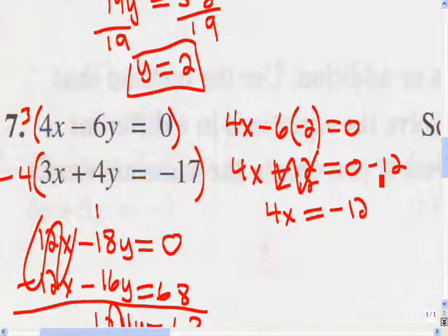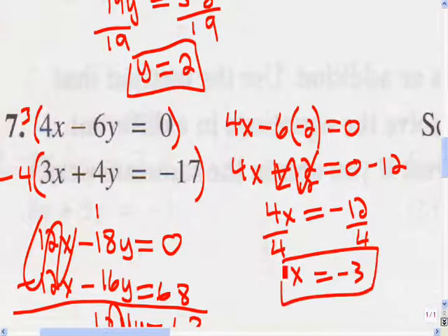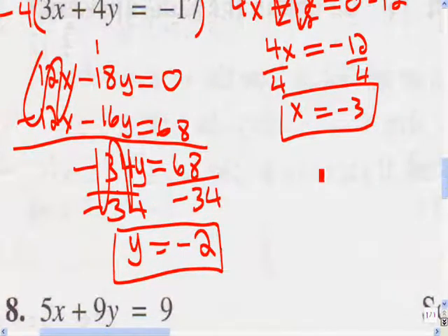Right? So I get a negative 12 on this side. And then I'm going to divide by 4. What I get is x equals, since the signs are different, my answer is going to be negative 3. So x equals a negative 3, and y equals a negative 2.